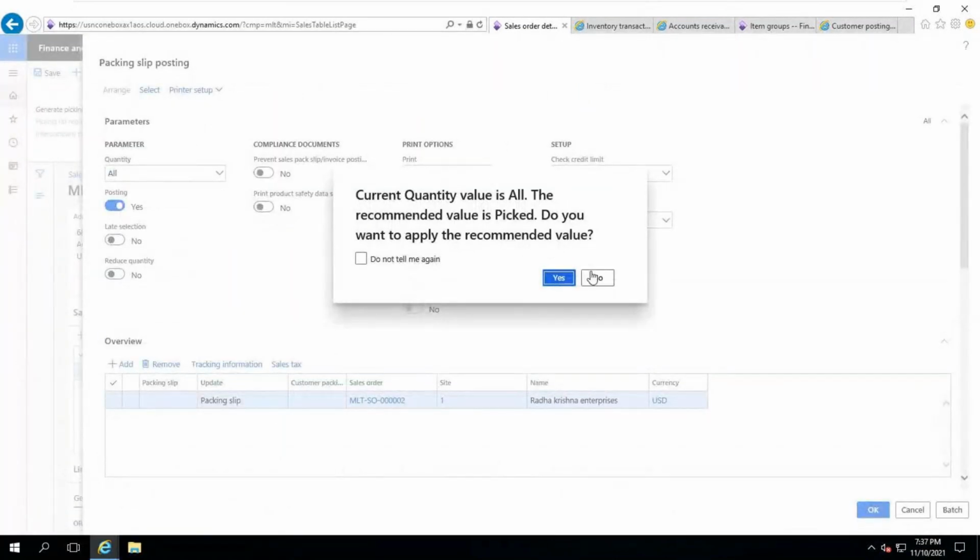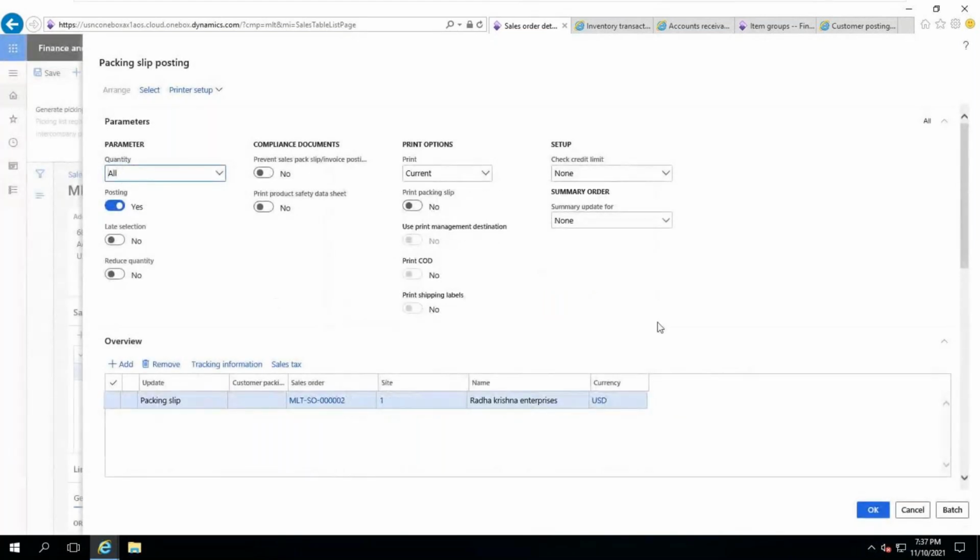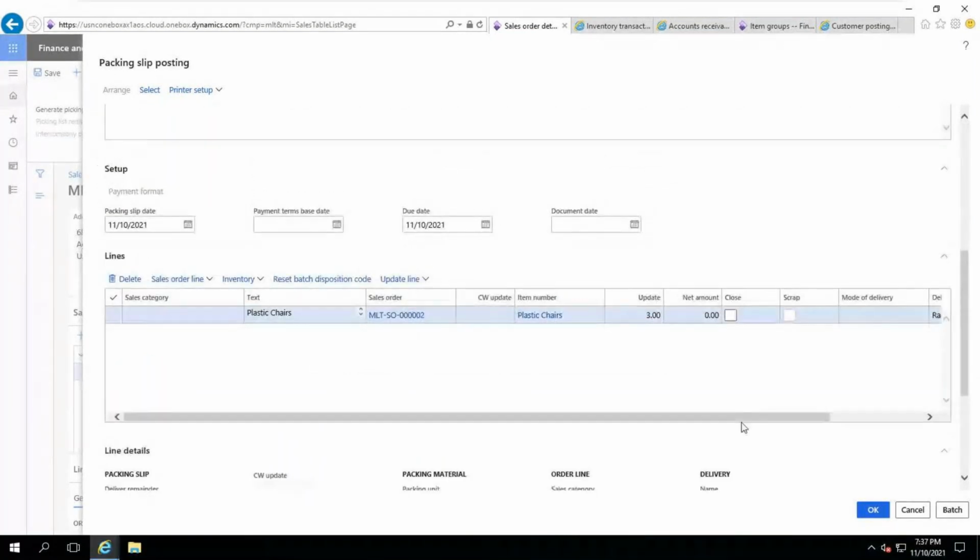So line details are there, I'm posting, but I will get error messages because the ledger accounts are not mapped.